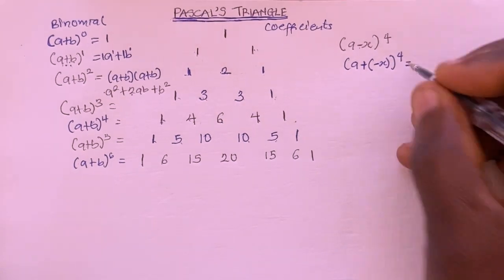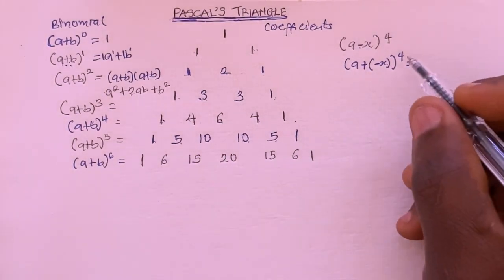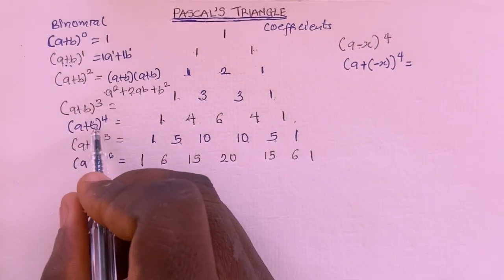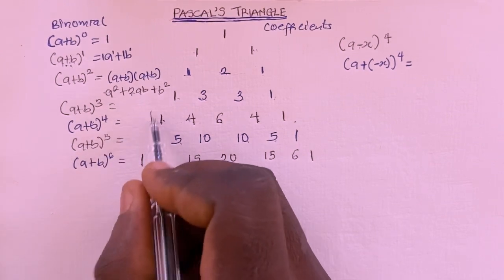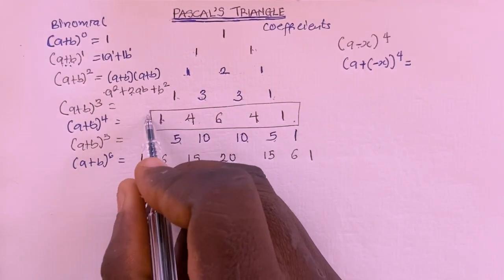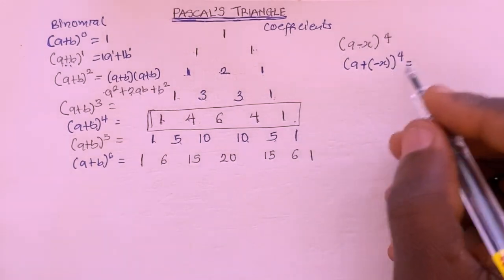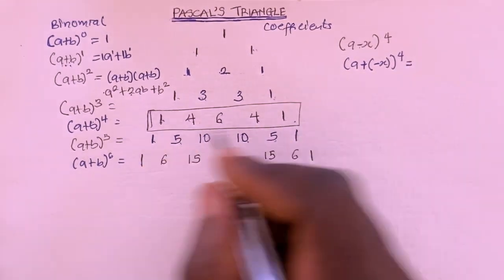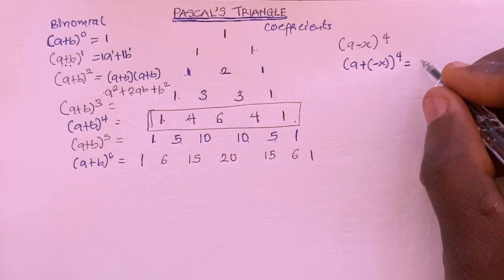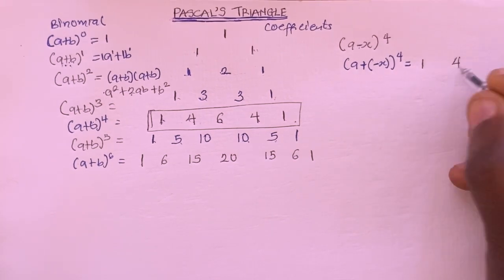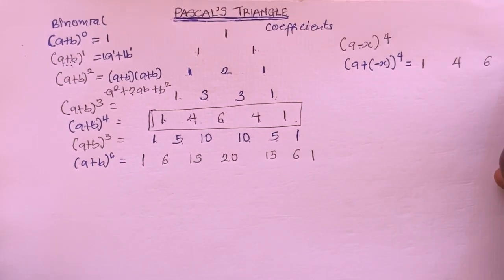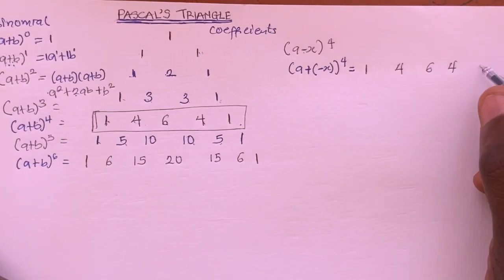Exactly. So now the next thing I'm going to do is that the power is 4. If you look at this very well, for the power of 4, these are the coefficients I'm going to use. These are the coefficients of each term present in an expression raised to power 4. So here I'm going to have 1, 4, 6, 4, 1.